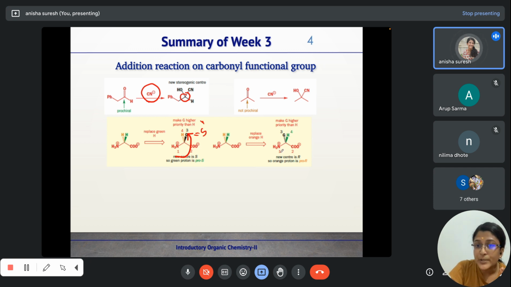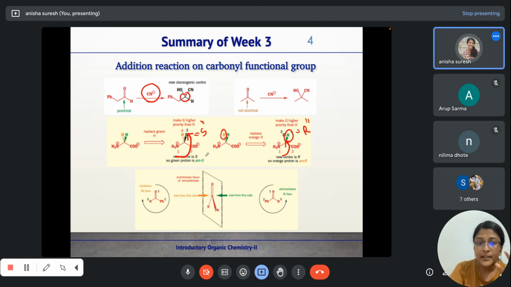So, here also it will be anti-clockwise rotation, but since the low priority group is towards us, it will be opposite of that. So, it will be R. And since this compound is R, this proton will be called pro-R proton. Clear, right? Prochiral it is clear. Yes, ma'am. Okay.